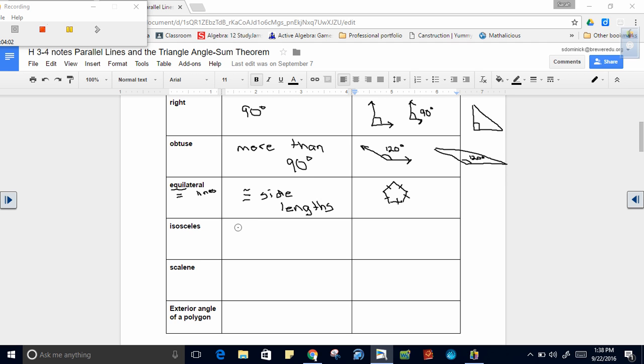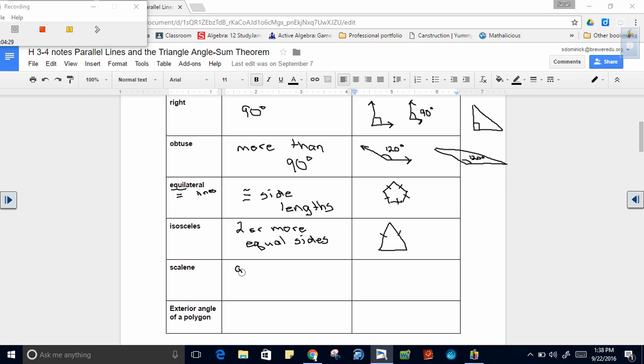An isosceles is a triangle with two or more equal sides. If we're talking about a triangle, more would just be 3, right? So technically, when you're thinking of an isosceles triangle, this side and this side would be the same.